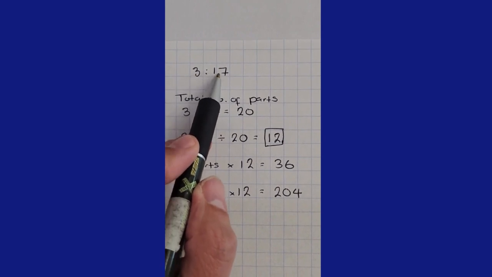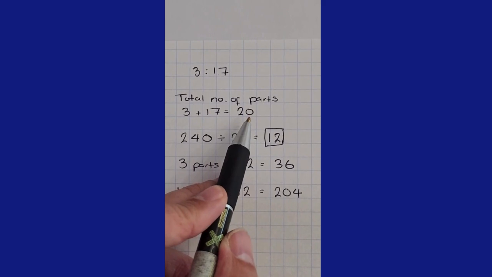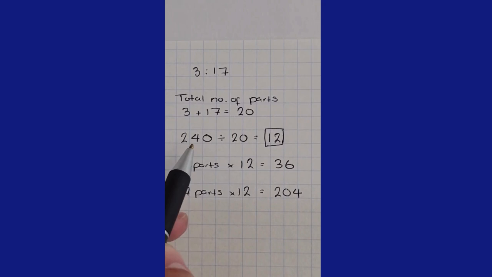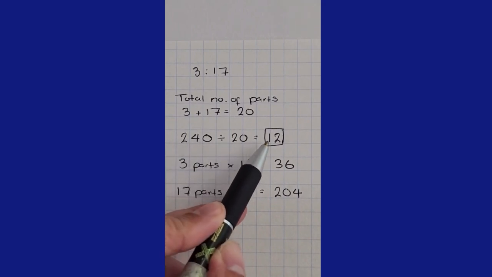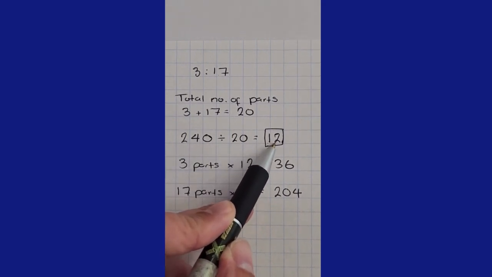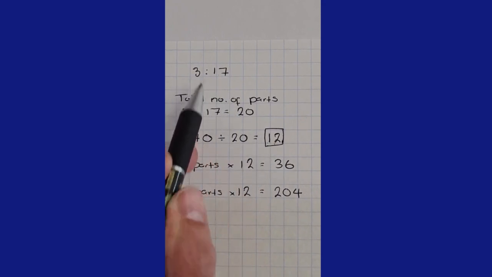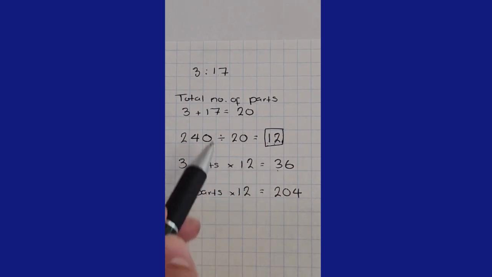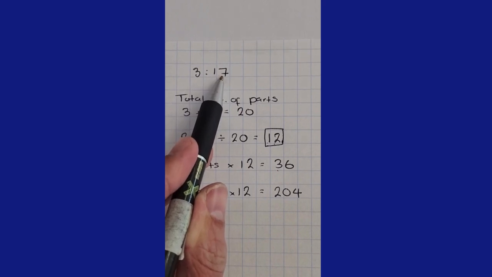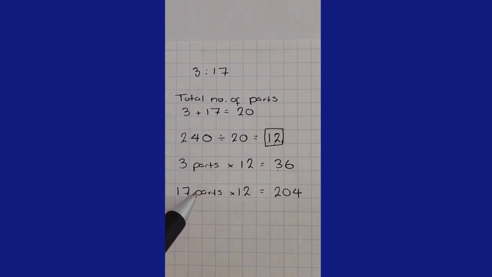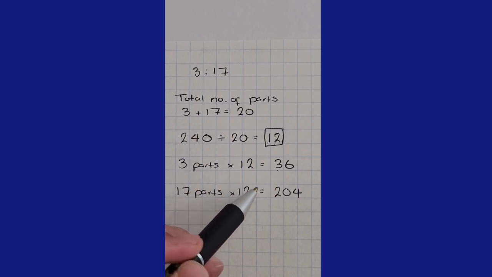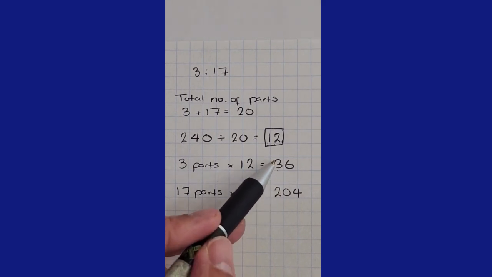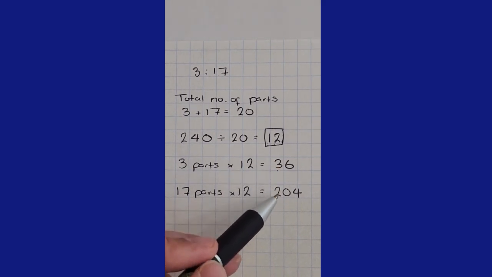If I do 3 plus 17, that tells me there are 20 parts, which is the same as 20 boxes. If I divide the value I have by the number of parts, then every box is worth 12. The first part is 3 parts times 12, which is worth 36. And then the next number in the ratio is 17, which represents 17 parts. So 17 parts times 12 tells me that part of the ratio has to be worth 204. If we do a quick check, we can see that that adds up to 240.